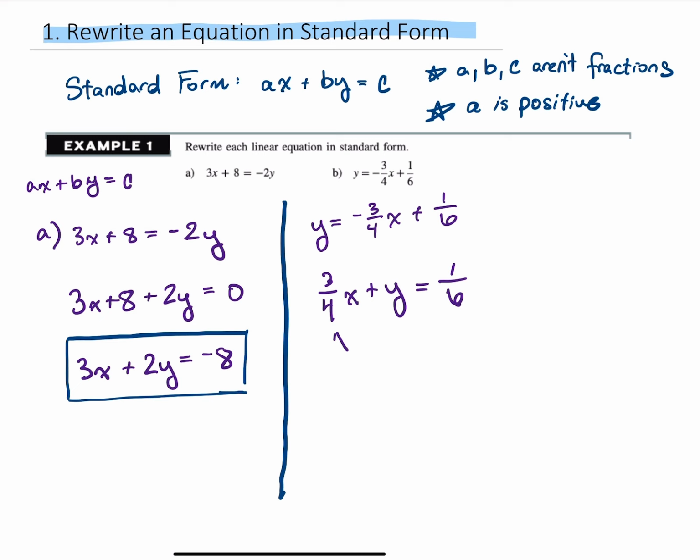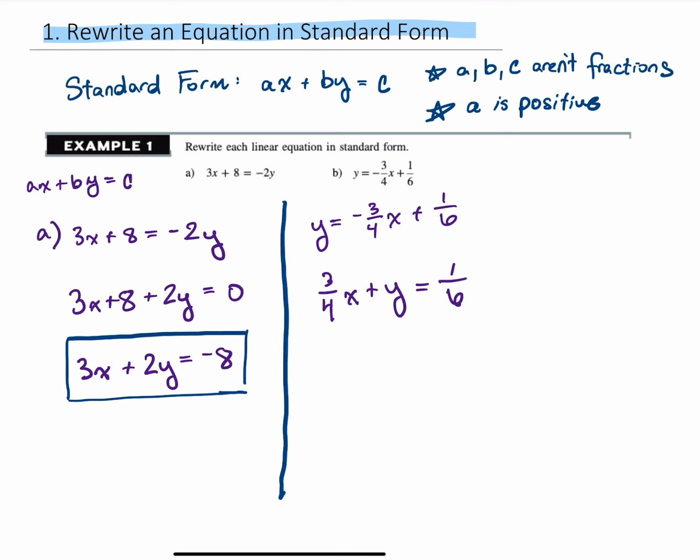So we want to multiply by the least common denominator, or the least common multiple of the two denominators that we have. So I know they both go into 12. 4 times 3 is 12, and 6 times 2 is 12. So let's multiply both sides by 12, which will result in multiplying every term by 12.